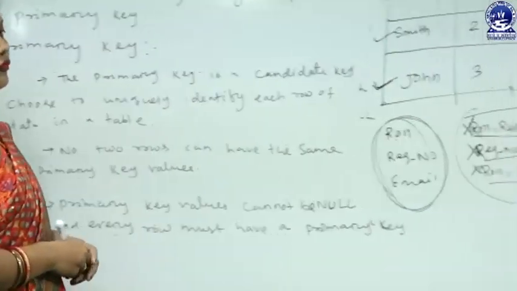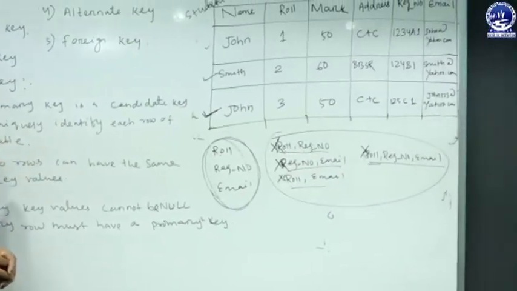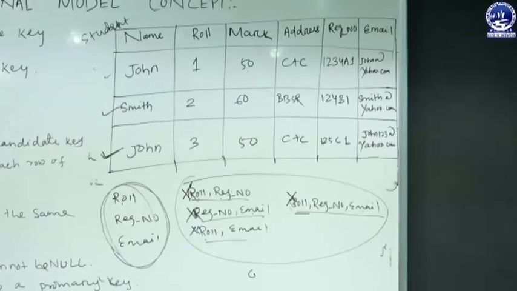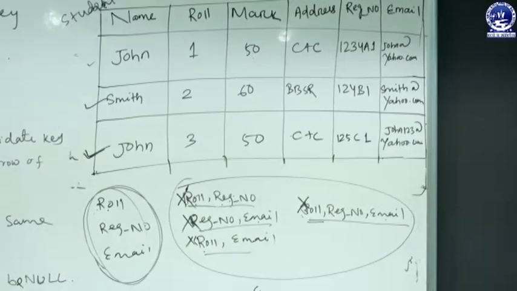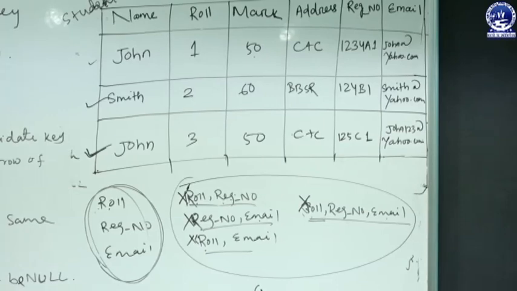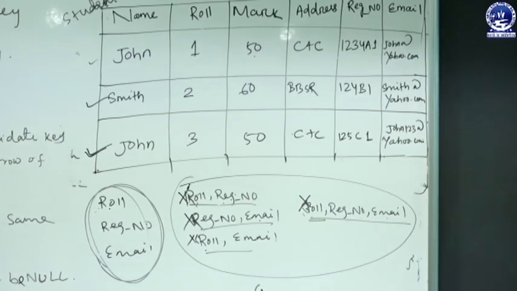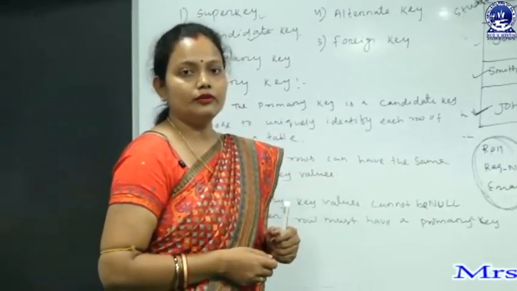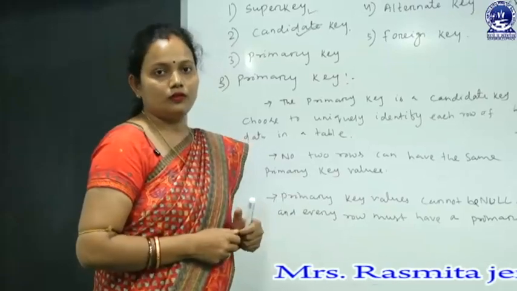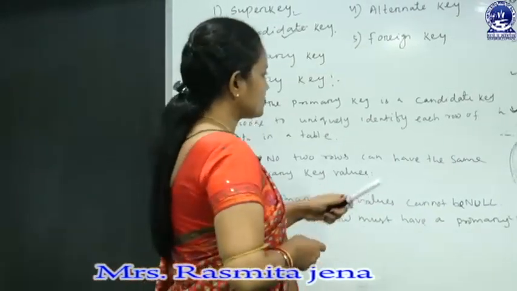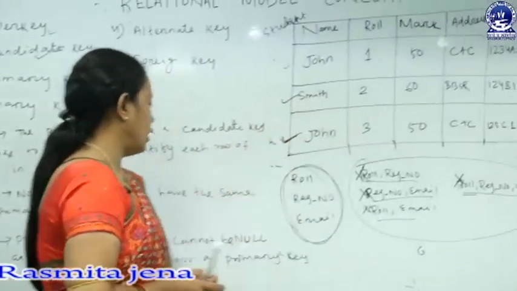That means what? When the user or the DBA is unaware of the value of a particular attribute for a particular tuple, in that case the DBA may put a null value for that particular attribute for that particular tuple. So that is called the null value.